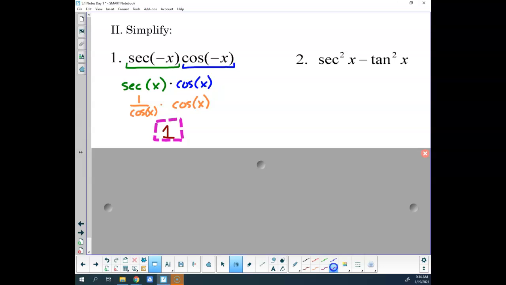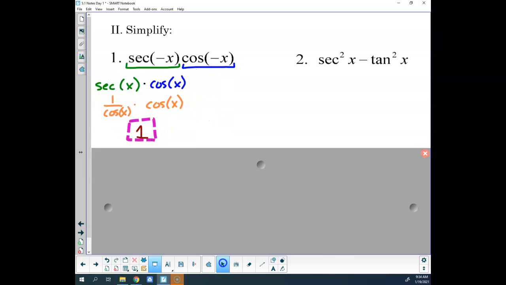Now, is that the only way to do that particular problem? No, it is not. We could have also said that it is secant already, so this is 1 over the cosine of negative x times the cosine of negative x, and then we get to 1 that way.